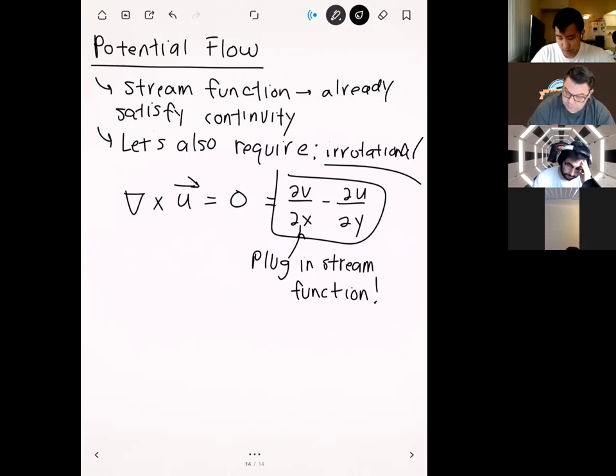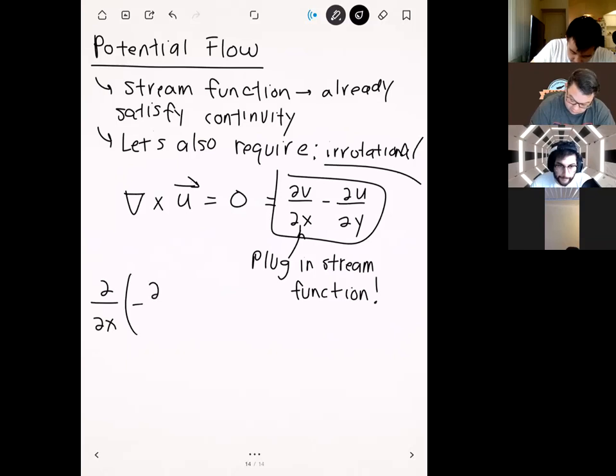And so let's take this expression and plug in our stream functions. First thing we have is dv dx. So dv dx is going to be d dx of v, where v is minus d psi dx. And from this, we're going to subtract d dy of u.